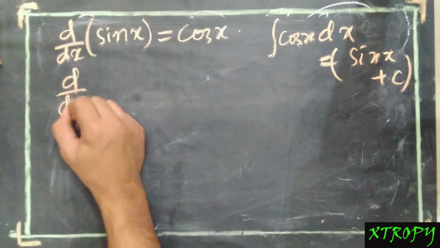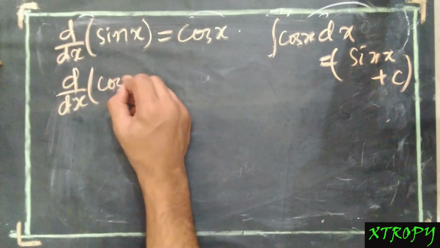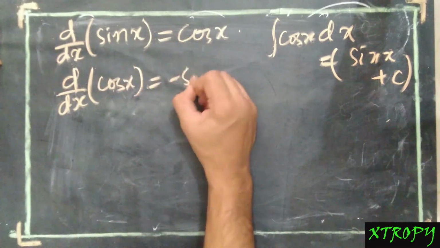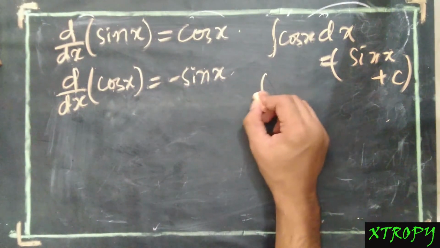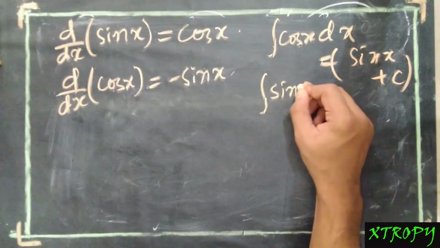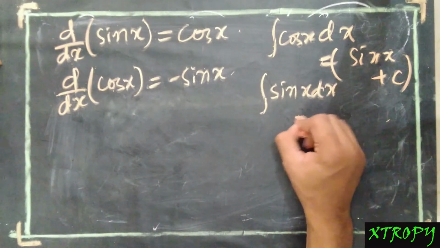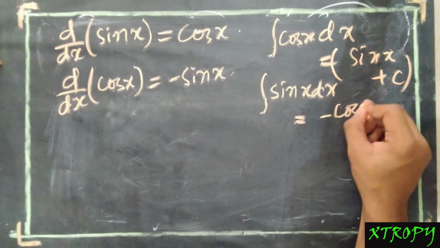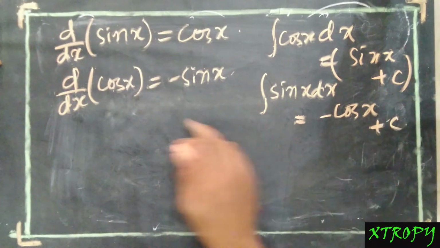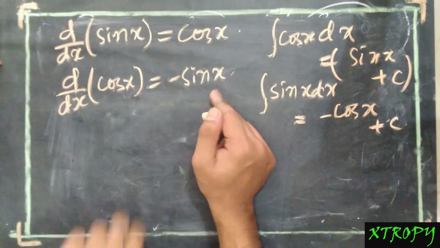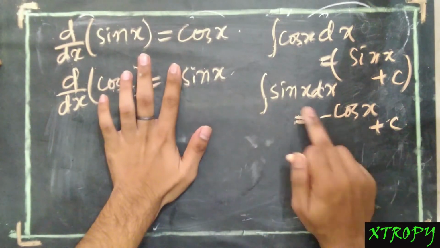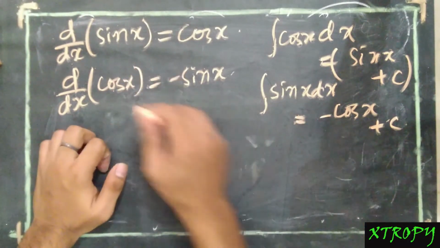If you differentiate cos x, this will give you a minus sin x, right? So if you integrate sin x with respect to x, you will get a minus cos x. Because the differentiation of cos x gave you a minus sin x, therefore the integration of sin x will give you a minus cos x.